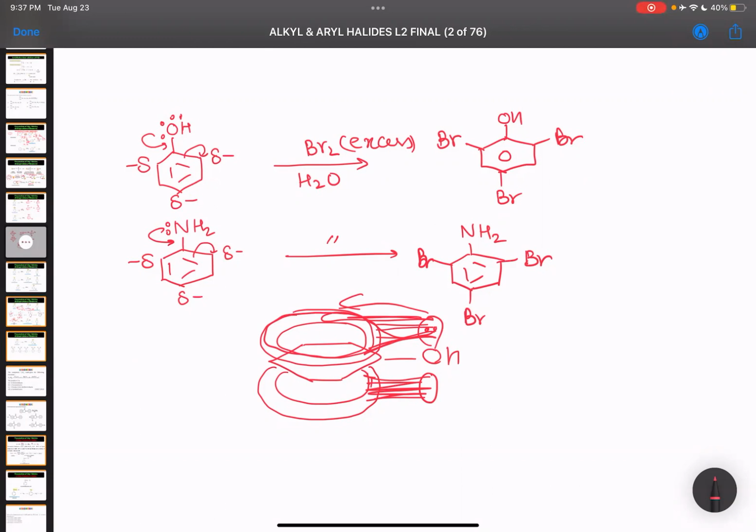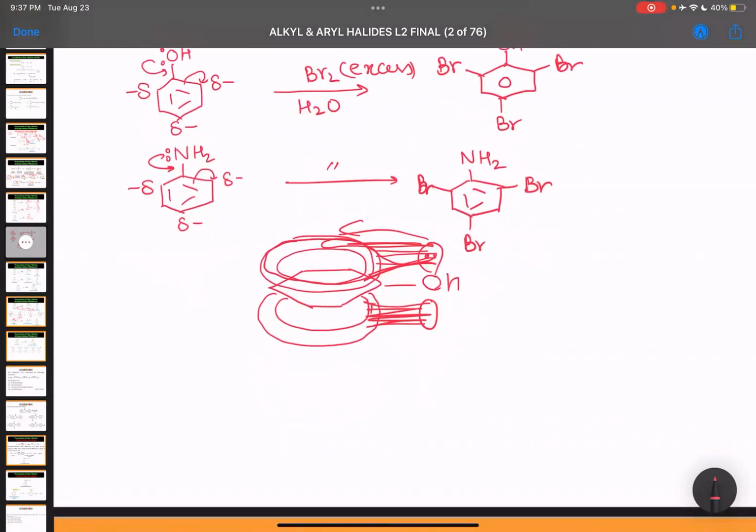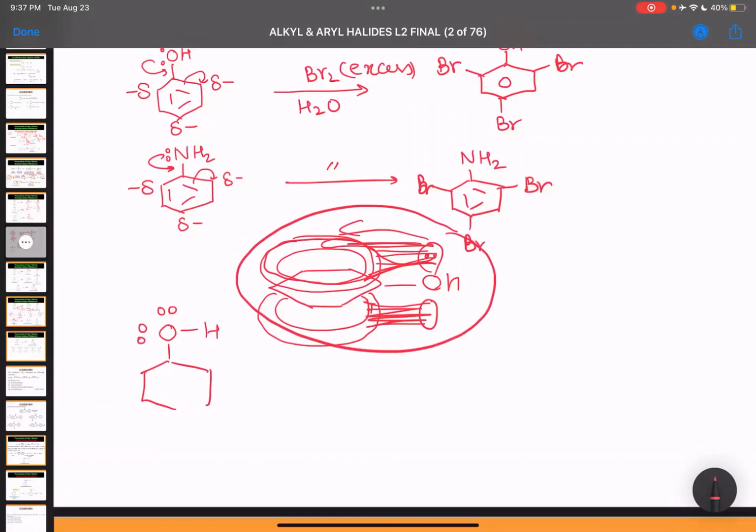But what are the positions which get enriched? They are ortho and para positions. Okay, so just remember that the groups having lone pairs always do this. This is the overall electron picture, but one by one we can also bring this lone pair towards the benzene.